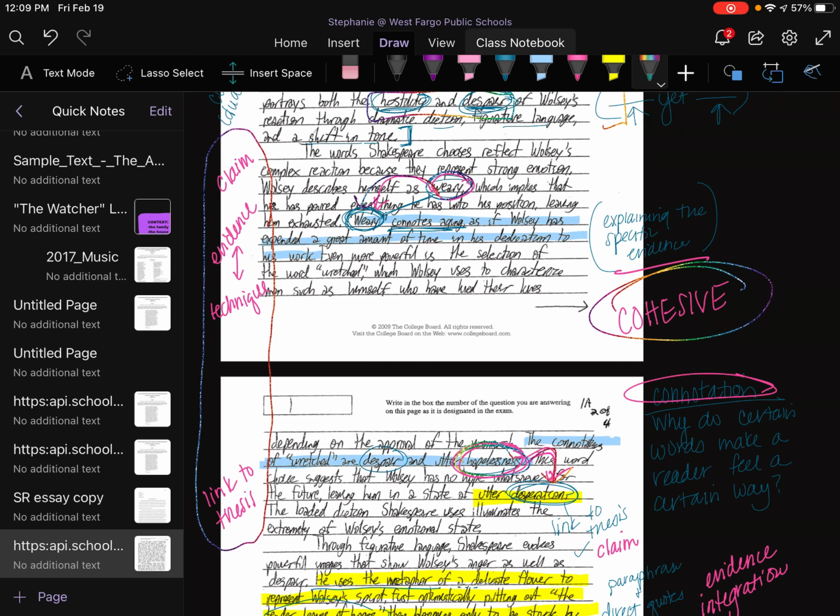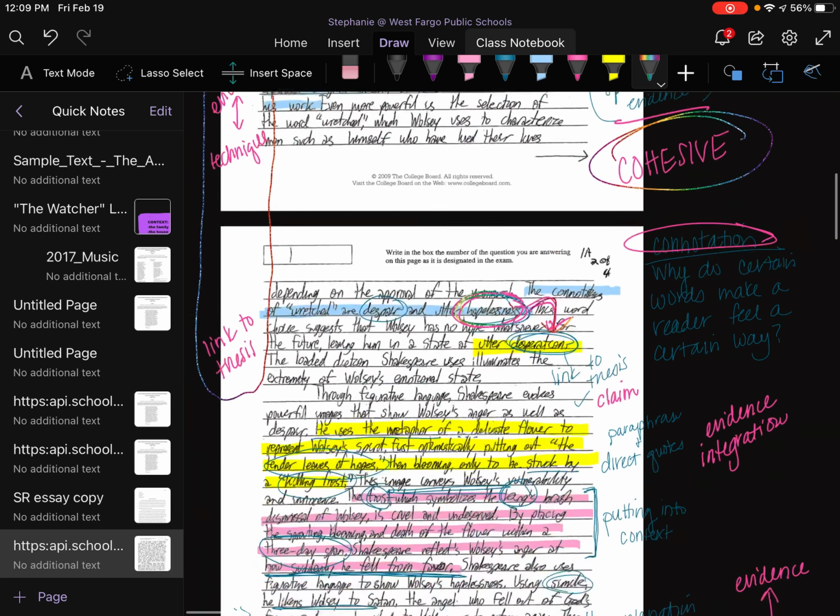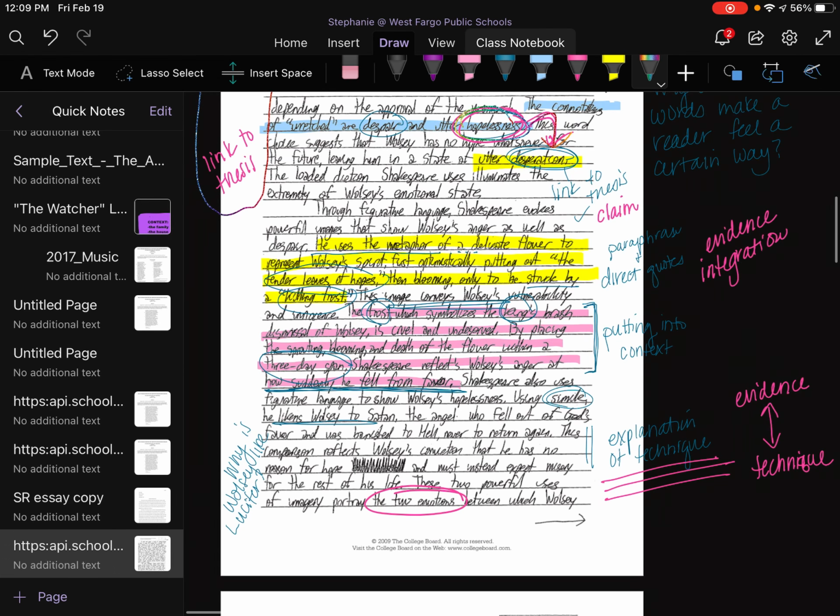It keeps focused, but it also keeps adding to something the previous sentence said. This paragraph, we talked about the evidence integration, and that's something that this writer does well throughout. But we also talked about putting things into context and explaining the technique.